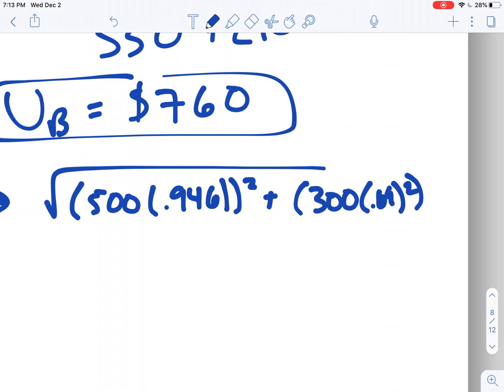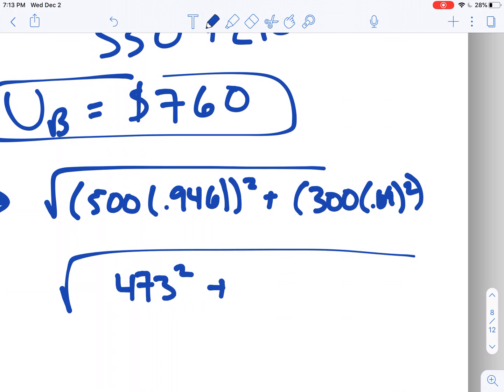So we'll go ahead. 500 times 0.946 is 473. 300 times 0.64 is 192.